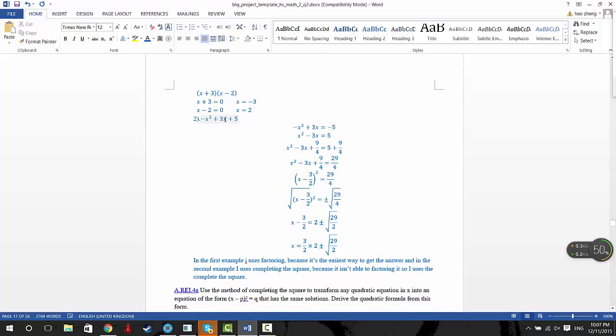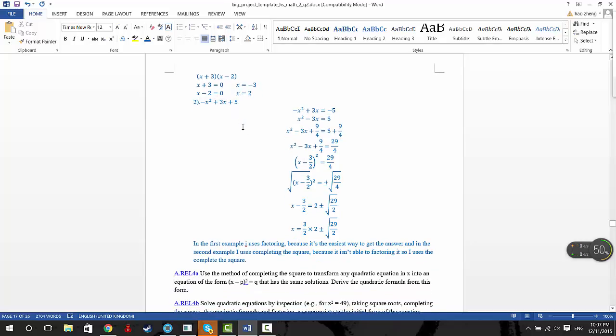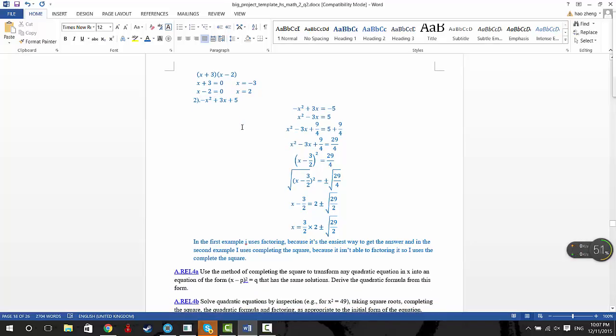But if we see these kind of questions that we cannot just factorize, we complete the square. So what we do is, you see here, there's a plus 5 and equals 0, right? We switch the side of this one, so it will be like this.